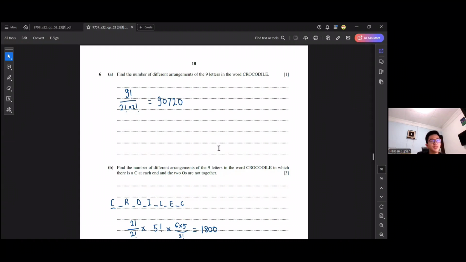Why we will be doing that is because 9 factorial is the number of arrangements that we can make from the letters crocodile. And the 2 factorial over here just represents the repetition of letters. Because C has 2 letters, and O has 2 letters which are just the same. So we have to divide it by 2 factorial times 2 factorial.